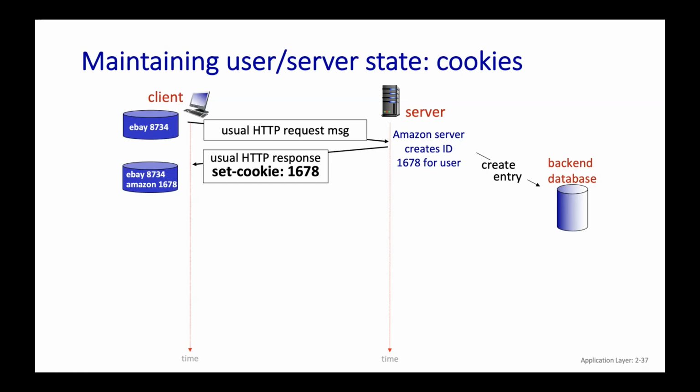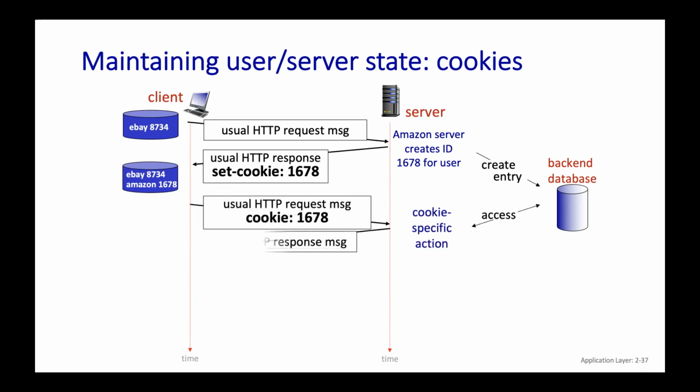Now, once this happens, when this client sends the next HTTP request, it can include the cookie 1678 here, and then the Amazon server will recognize this client. Okay, ये तो वही है, and then it will have access to the backend database, जहां से उसे पता चल जाएगा कि ये वो वाला कस्टमर है, और customer specific response इसको भेज सकता है.